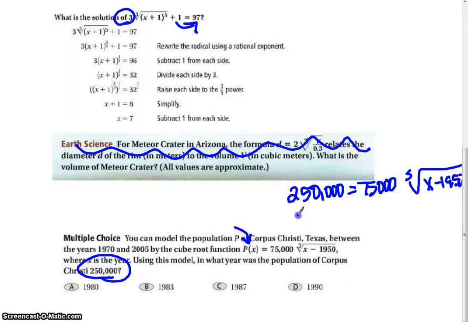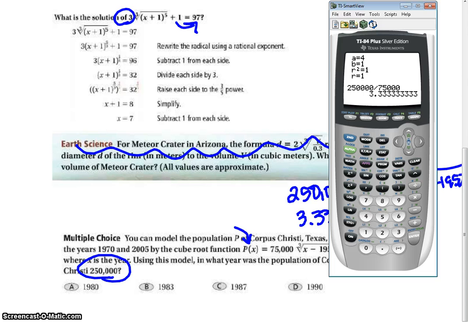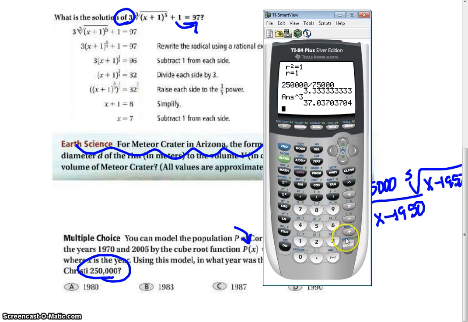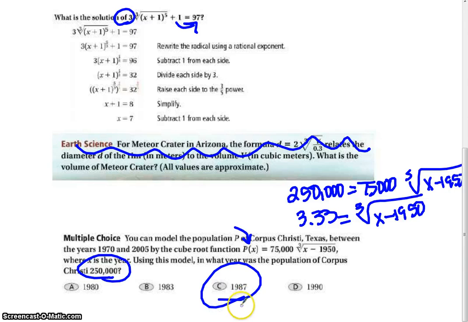So 3.33 is equal to the cubed root of x minus 1950. You're going to cube both sides. So you're going to take this and you're going to go caret 3. You're going to get 37 point whatever. And then you're going to add the 1950. And you get 1987.0. So your answer is 1987.